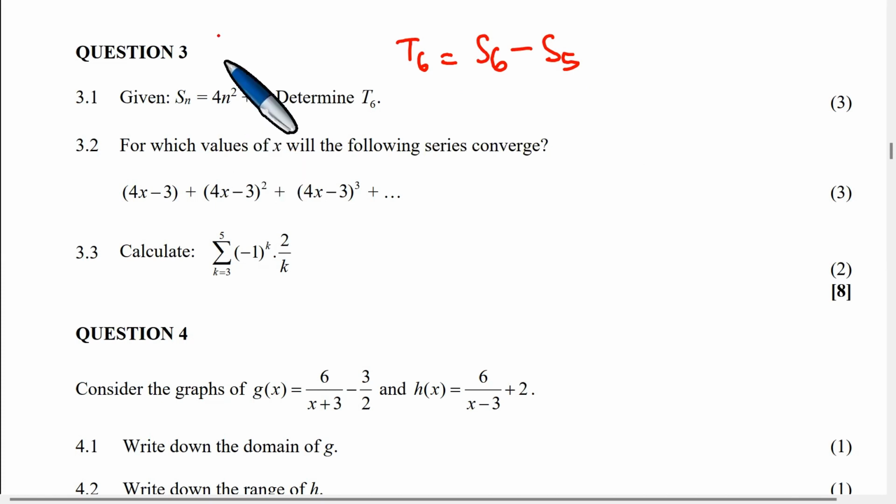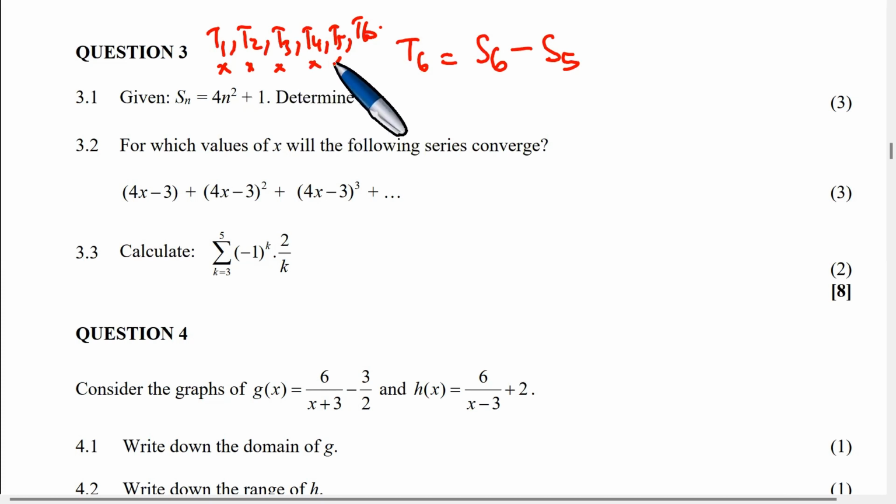Because if you have term 1, term 2, term 3, term 4, term 5, term 6, and you add all 6 of these terms, then by subtracting the first 5, you are left with term number 6.